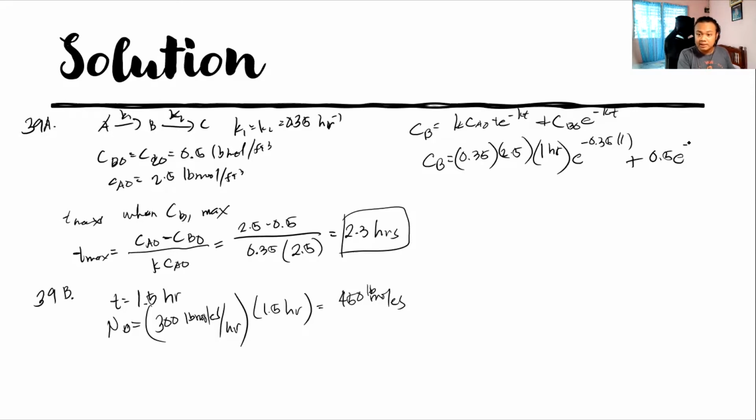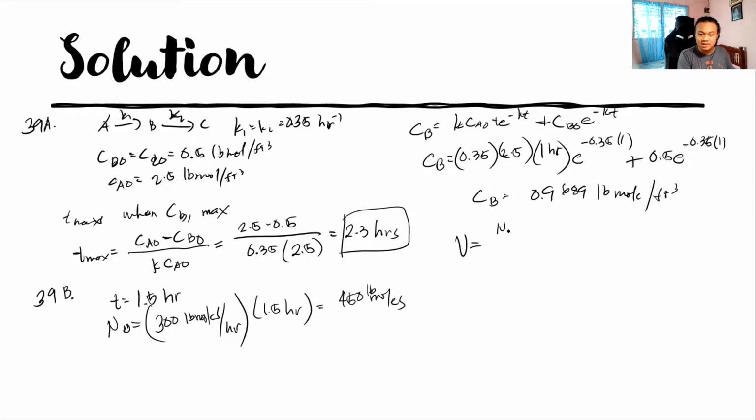Then E 0.35, then 1. So CB is equal to 0.9689 pound mole per cubic feet.